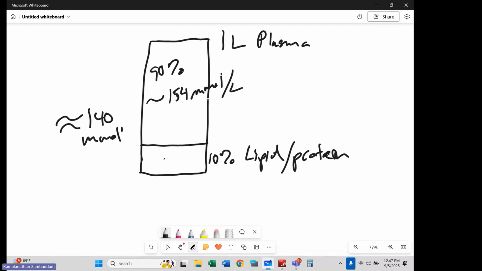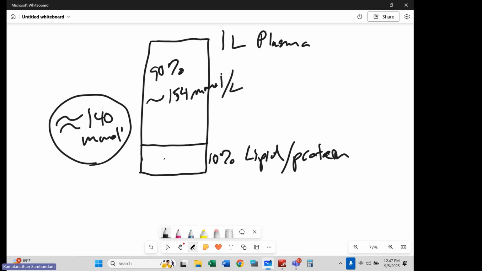You're trying to give a fluid that is isotonic to plasma water. Okay? But when you're measuring sodium concentration, you are measuring the sodium concentration influenced by this lipid and protein content.